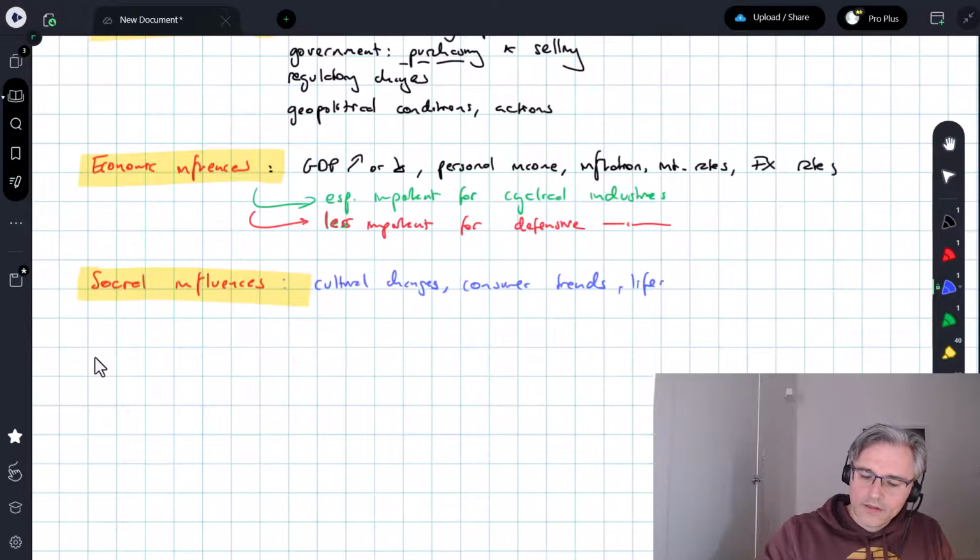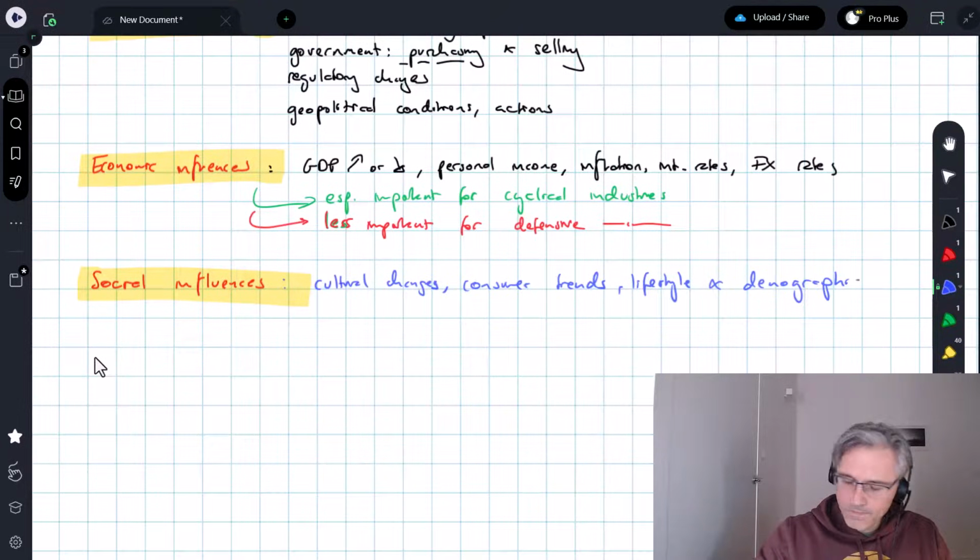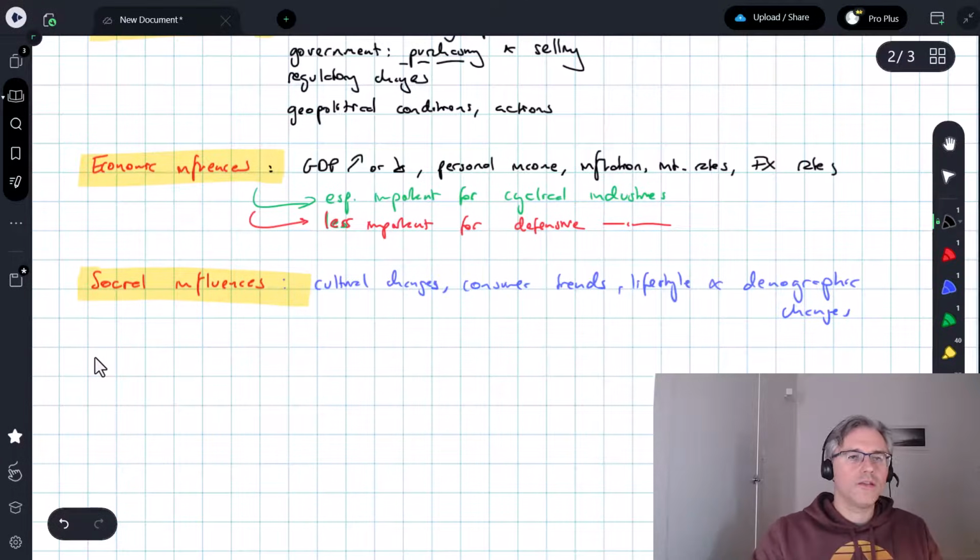Lifestyle changes, maybe more fitness or demographic changes. Lots of people nowadays are thinking about whether various gyms and fitness studios will survive now that customers have access to weight loss drugs.